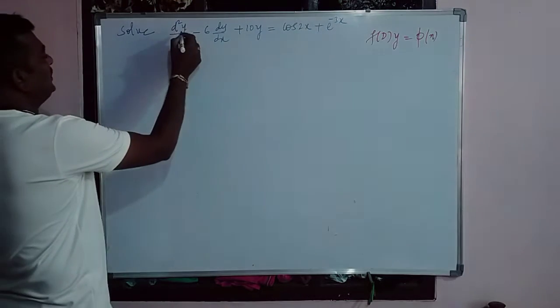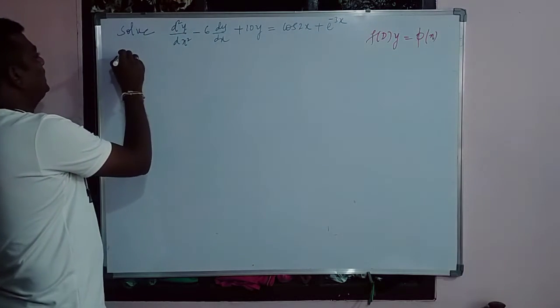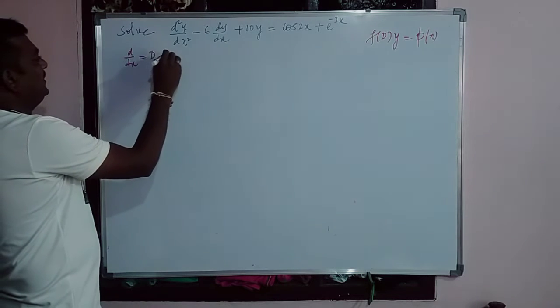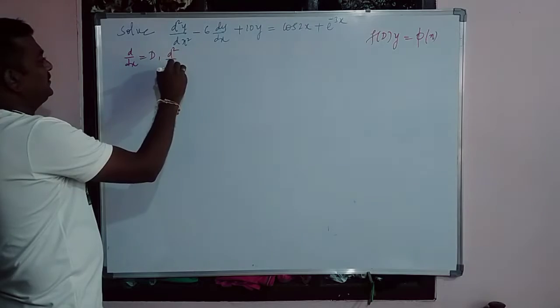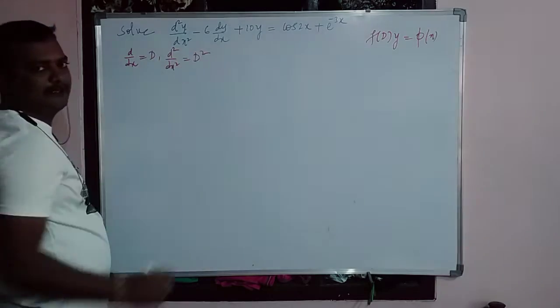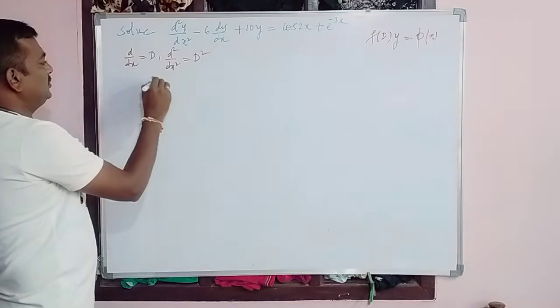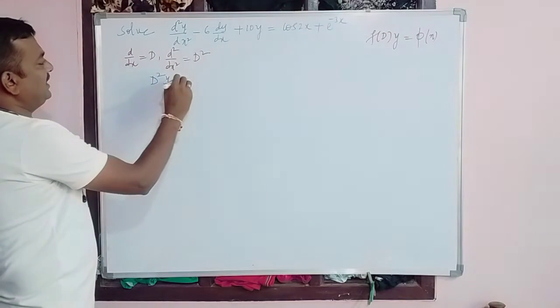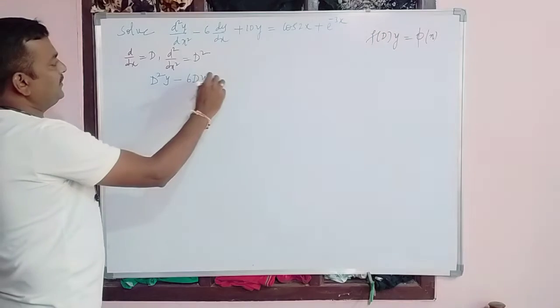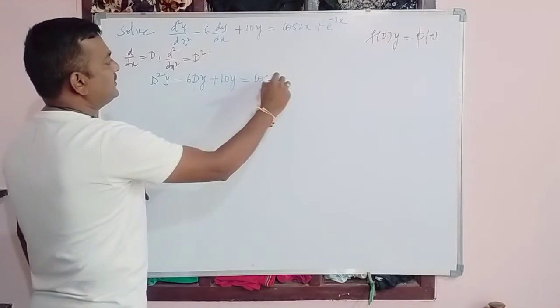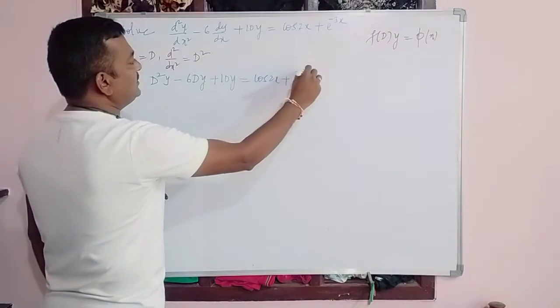As you know this already, we can use d by dx is equal to capital D and d square by dx square is equal to capital D square in the above equation. So it will be converted into D square y minus 6 Dy plus 10y is equal to cos 2x plus e raised to minus 3x.